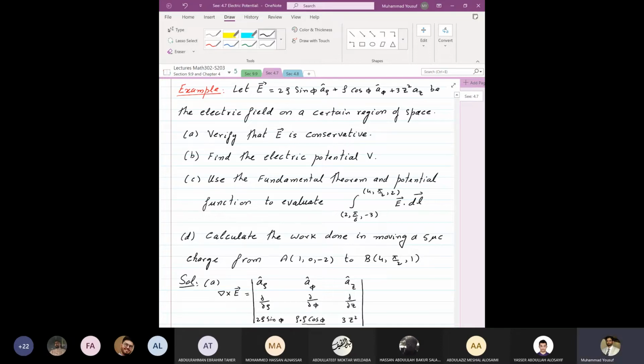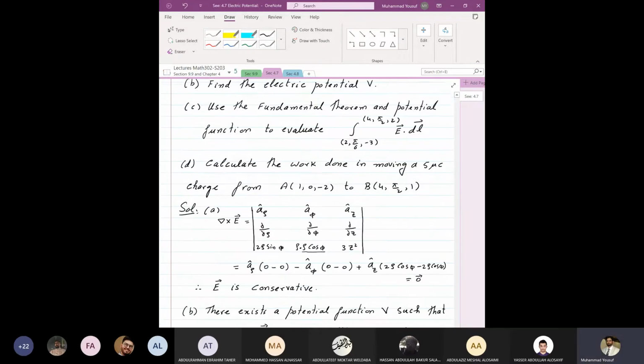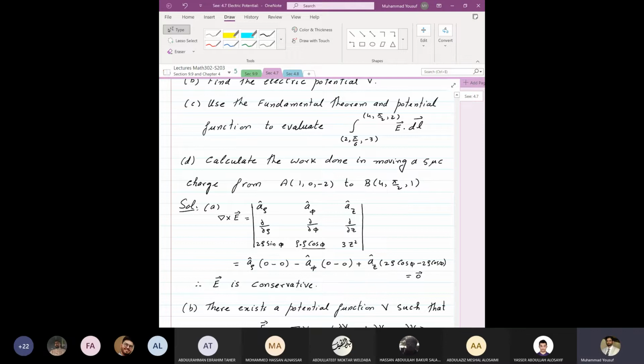Okay. So part A, verify it is conservative. We have done this theory. To show conservative, we need to find its curl, and the curl is the zero vector. Part B, electric potential V. And we know that E is equal to negative gradient of V. So negative gradient of V will give you the electric potential.